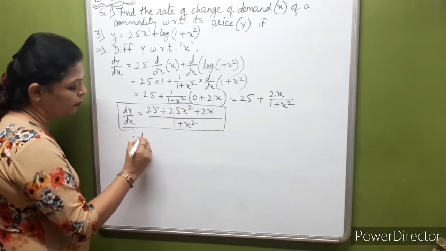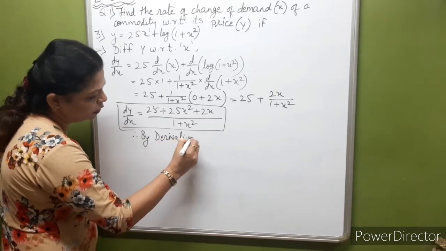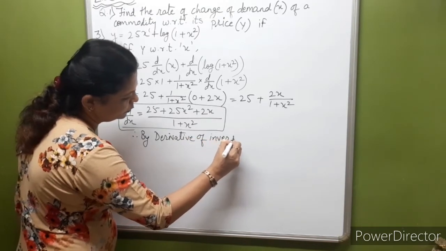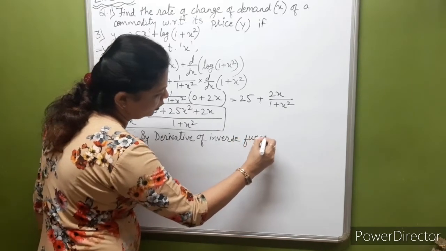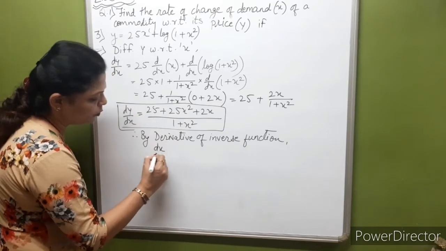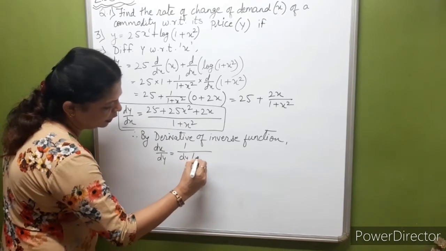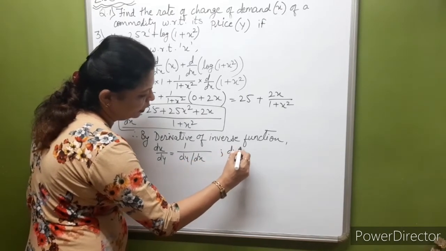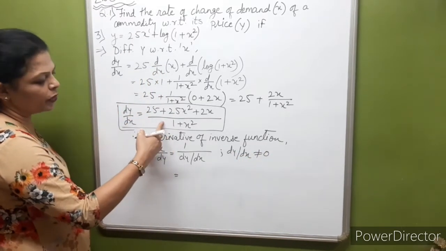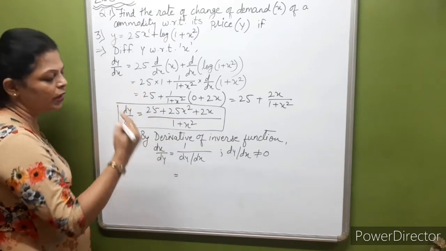So therefore by derivative of inverse function, dx by dy is equal to 1 upon dy by dx, where dy by dx is not equal to 0. So you get the reciprocal of this. So again the numerator will go to the denominator, denominator will go to the numerator.